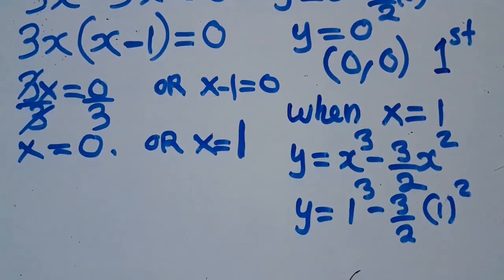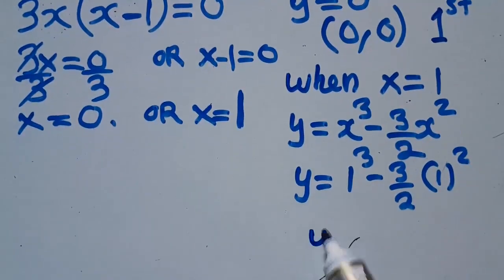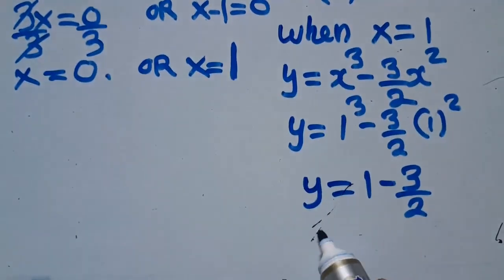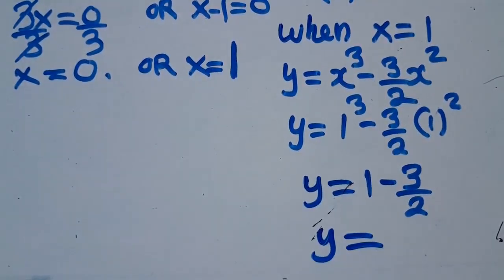1 cubed minus 3 over 2, 1 squared. What answer are you getting? So you say y is equal to 1 minus 3 over 2. When you evaluate that, you're getting negative 1 over 2.